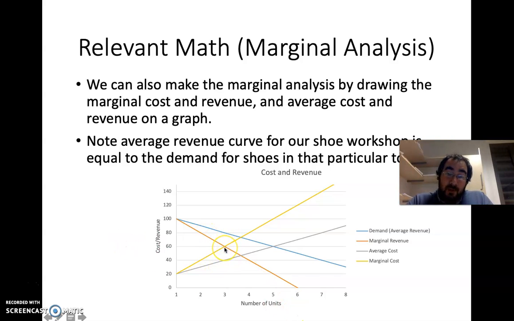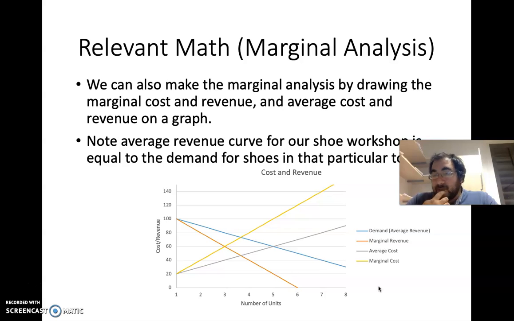What is the wage the worker is getting in this case? The wage the worker is getting in this case is represented by the average cost, which is $40. Yes, it is on this line. What is the revenue this worker is bringing?